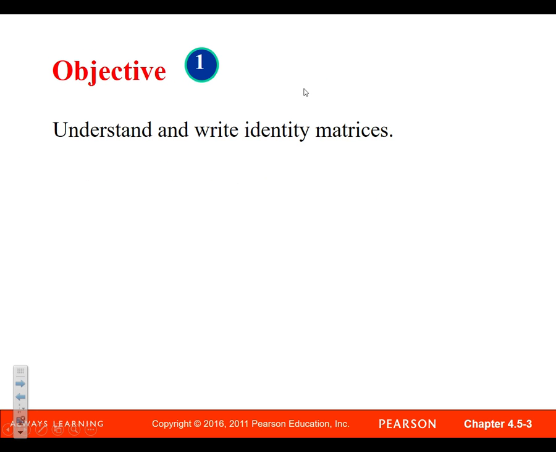Let's understand the identity matrix and the idea behind it. Back when you were in Algebra 1, we talked about the identity property of multiplication. You remember that? It meant that if I took some number like 3 and multiplied it by this identity number, I get 3 back, the original thing.